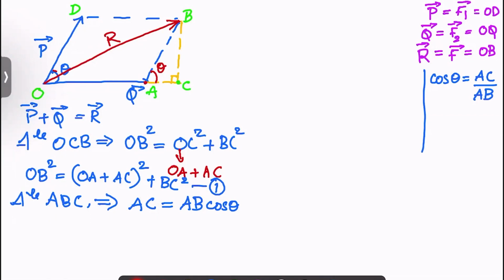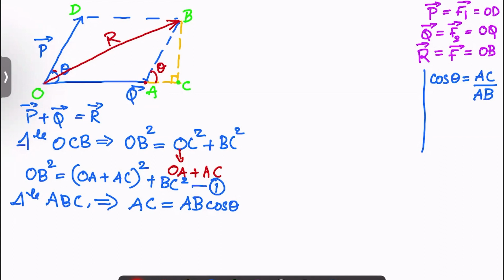Also, we can understand another thing. Since OABD is a parallelogram, the opposite sides are going to be equal. So that means OD and AB are equal. That means AC can be written in terms of OD, right?